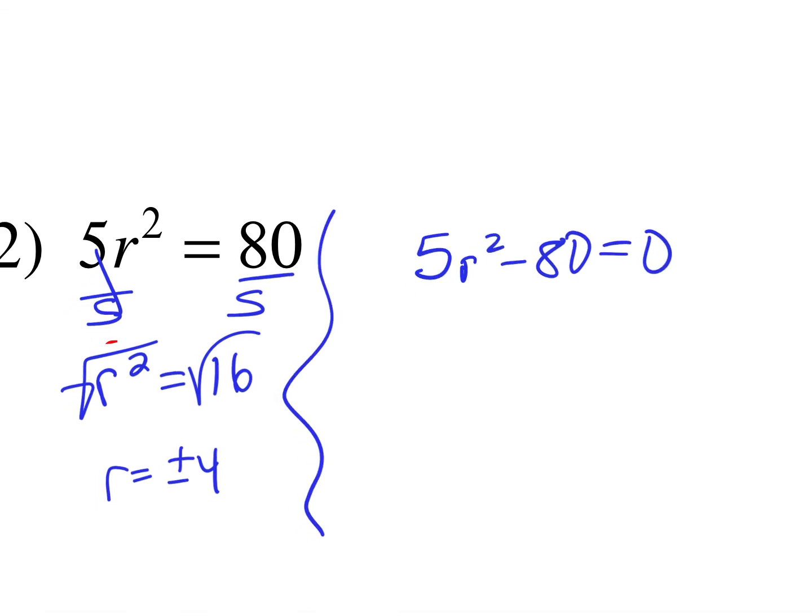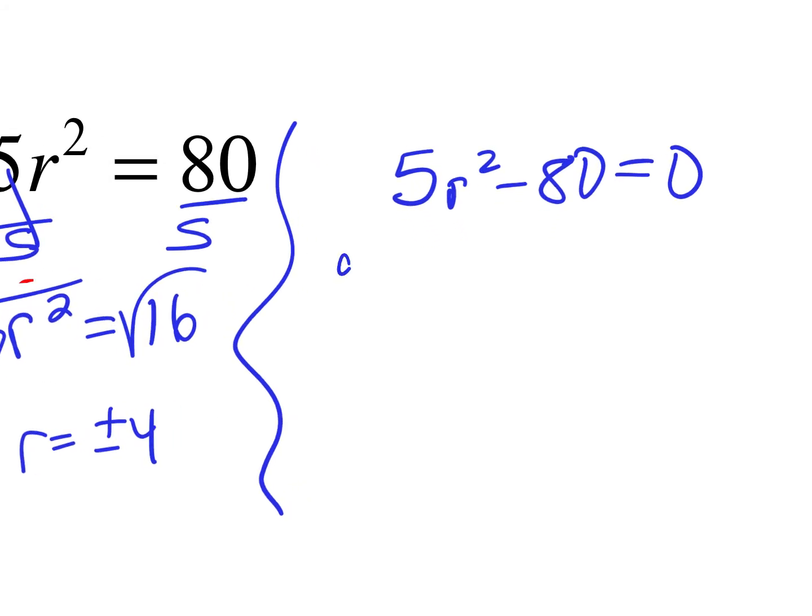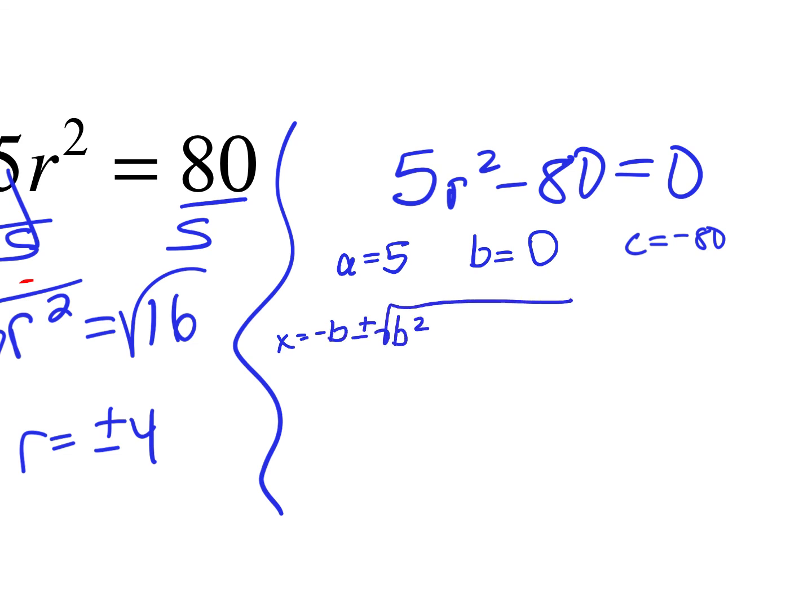Okay, so what's your A term? What's in front of r squared? 5. What is your B term? What's in front of r? 0. There isn't one. And then what's your C term? Negative 80. Okay. So my quadratic formula is negative b plus or minus the square root of b squared minus 4ac all over 2a.